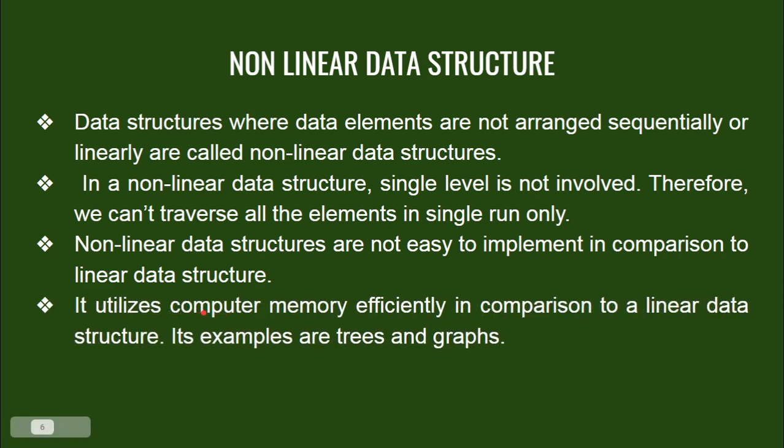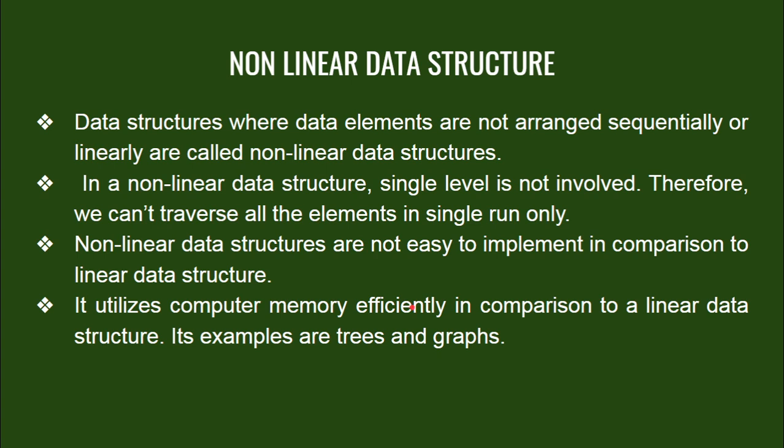It utilizes computer memory efficiently in comparison to a linear data structure. Its examples are trees and graphs. So, trees and graphs are the examples of non-linear data structure. These types of data structures utilize the computer memory efficiently. Why? Because one data has some subdata.